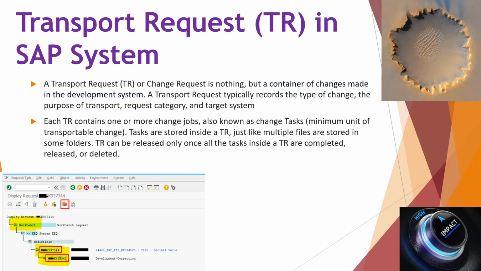Remember one thing, when you are practicing in a dummy system, you have only one system where you do all your activities and keep on saving all your changes in a single TR, and probably you never release it. Even if you release it, it is not going anywhere. Why? Because no other system is connected to that system. But in real time, the situation is not like that. There also you can find some systems independent from the other system landscape, for example a sandbox system.